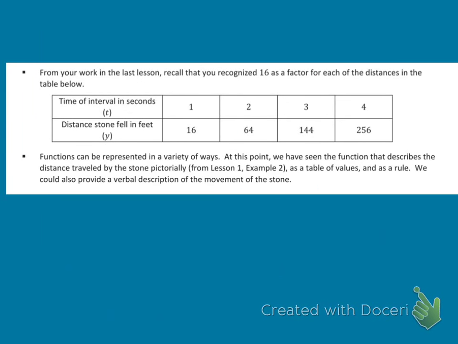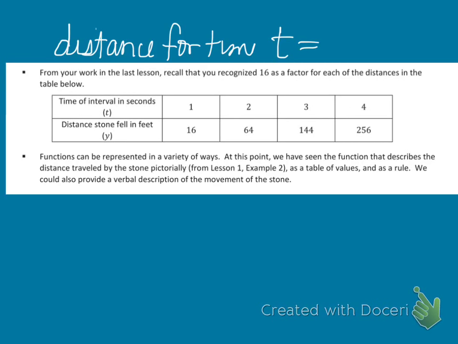And the formula for this function is, I'm going to write it up here: distance traveled for time t is equal to 16 t squared.